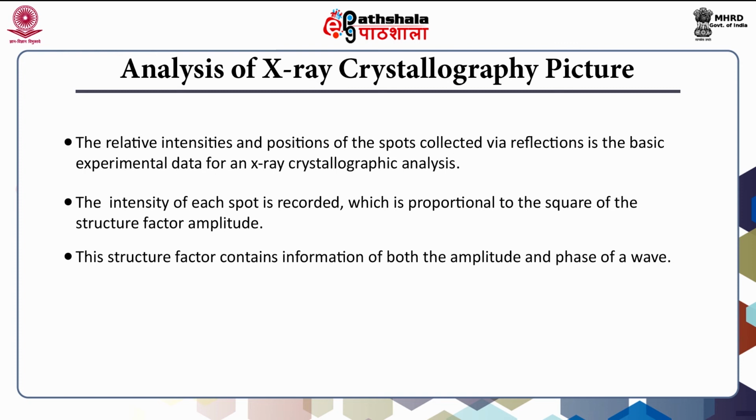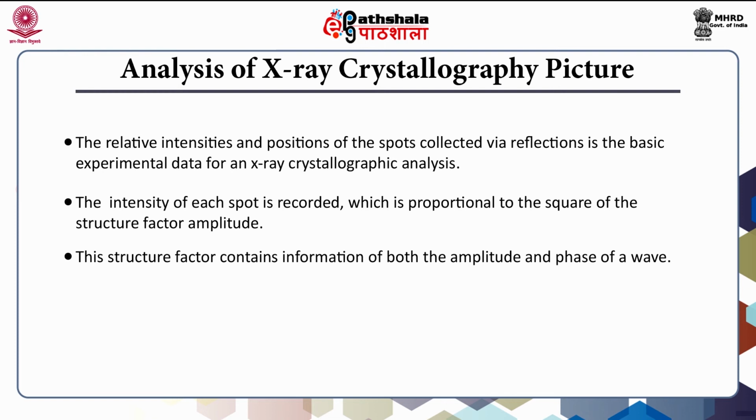But there is no technique by which X-rays can be focused. That is why we cannot see the picture with our eyes through X-ray crystallography. We can only calculate the picture from the reflections or the spots which we got on the X-ray film. So, that is the major difference between normal microscopy and X-ray crystallography.